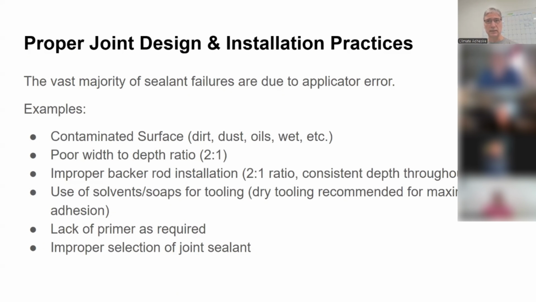Typically it's recommended that your max depth is 1/2 inch, so even if you go up to a 2-inch wide joint, you only want 1/2 inch of depth. Your width to depth ratio is what controls the ability of the sealant to move in that joint.